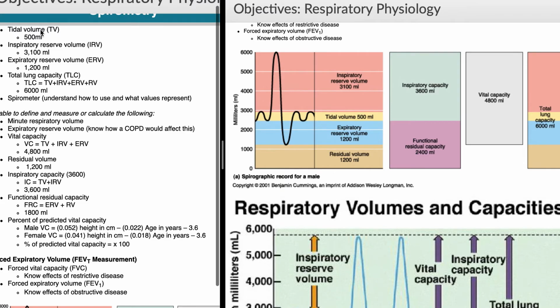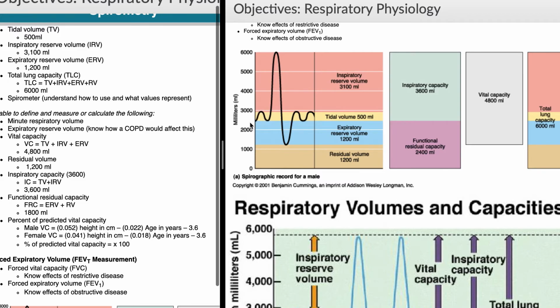Let's start with tidal volume. Tidal volume is the volume that you will breathe or exchange both in and out during a normal breath. So when you take a nice gentle breath in, it's right around 500 milliliters. That's the air moving in. So if you look at my mouse going up, it's a little 500 milliliter increase.